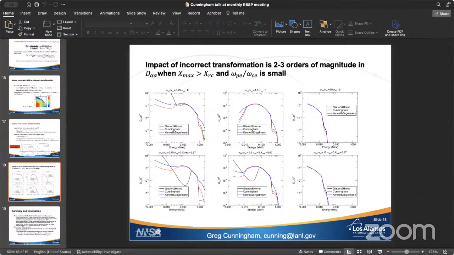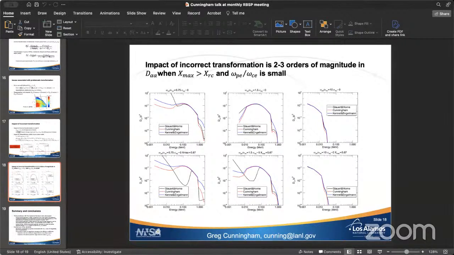The reviewers actually were the ones that pointed out that it just doesn't make any physical sense to have the power as a function of psi affect the result, because that's in the direction of the gyro phase motion of the particle. You can just shift everything in psi, and it really has no effect on a gyro-phase-averaged response of the particle to the waves.